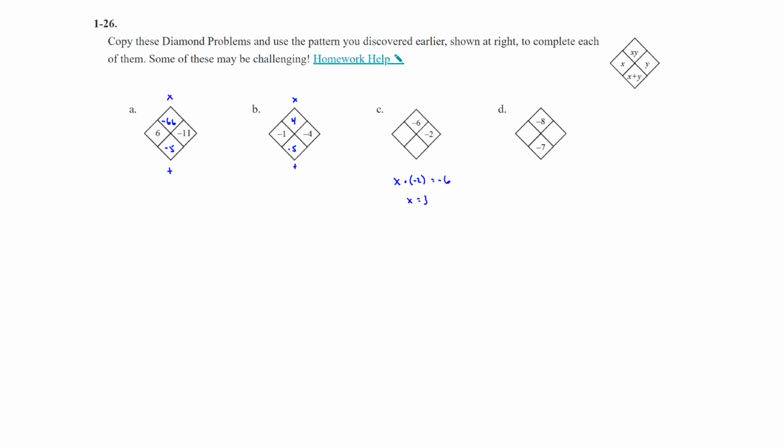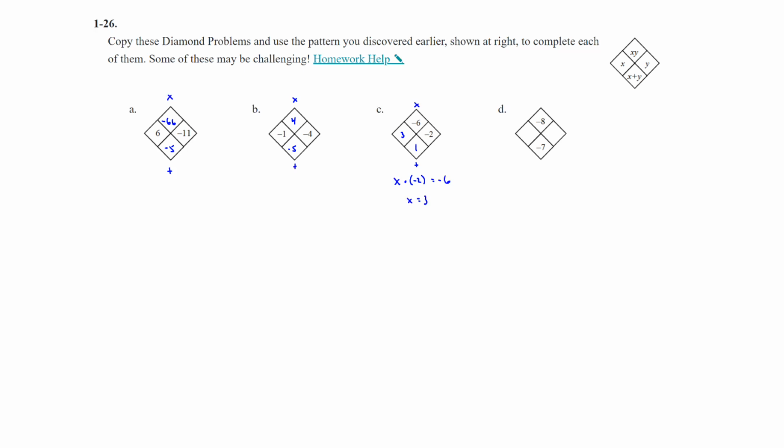So we know that this value is a 3. 3 times negative 2 is negative 6. And I wrote it out, but you can also just do it in your head if you know what multiplies negative 2 to get negative 6, so that's fine. Now add to get the bottom number, and that would add to give you 1.